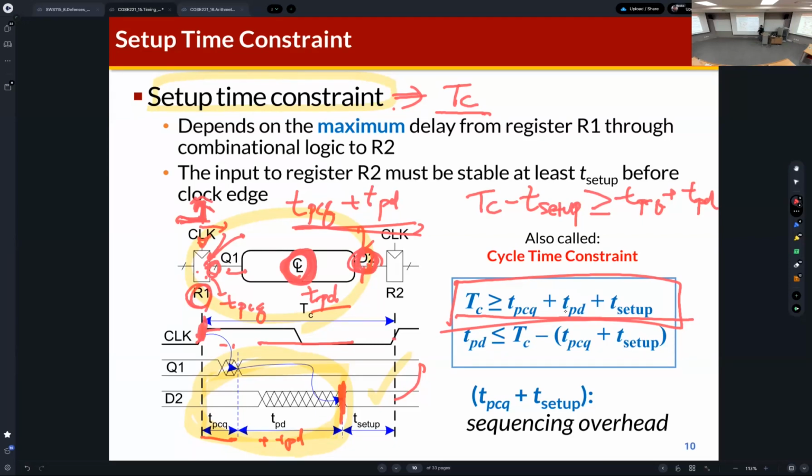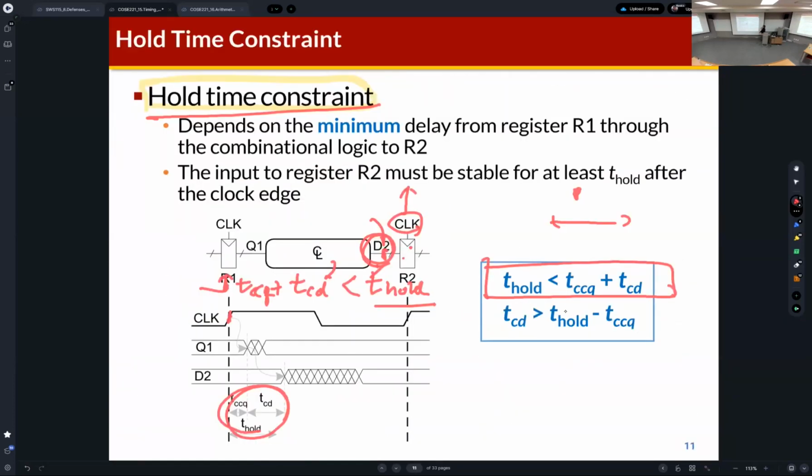We can calculate the allowable minimum clock period with this equation.